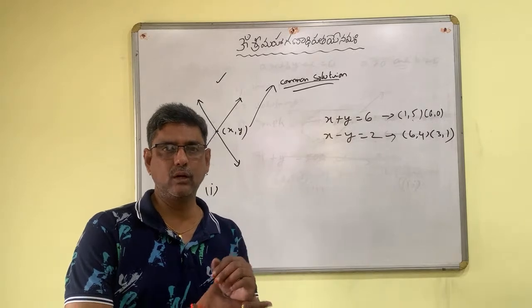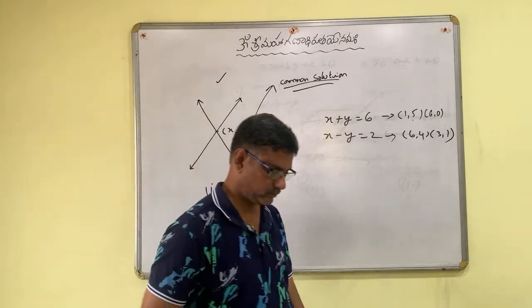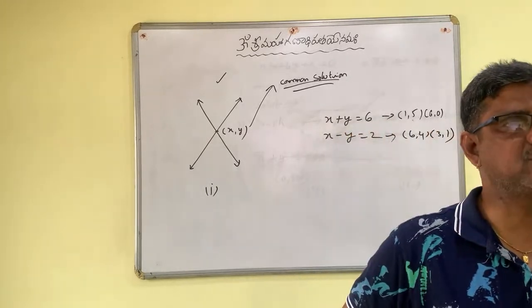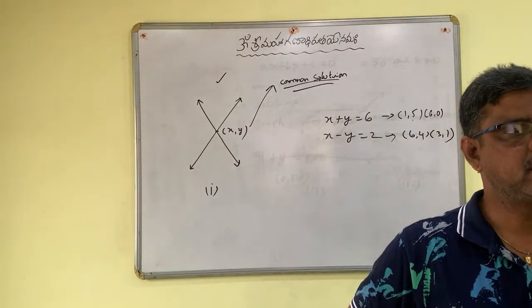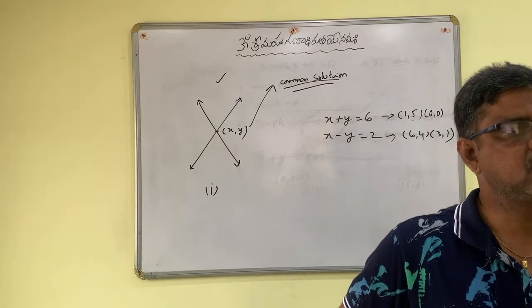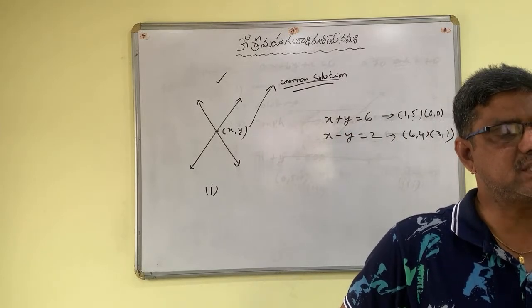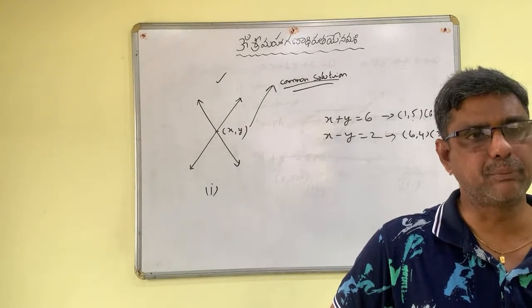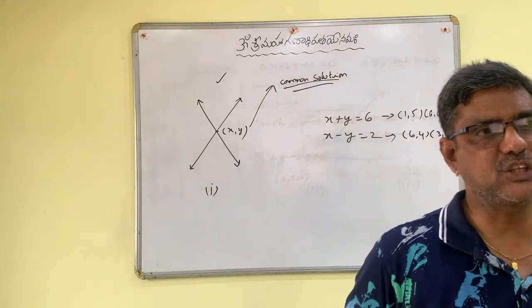It is 4, 2 only. The point of intersection, that means the common solution, is 4, 2 only. So children, what you have to do is draw the graph of these two equations and send me the answers in the group.